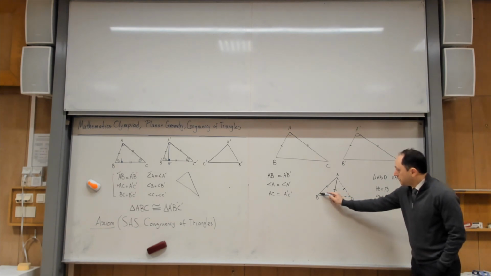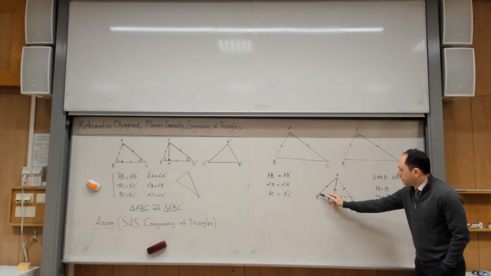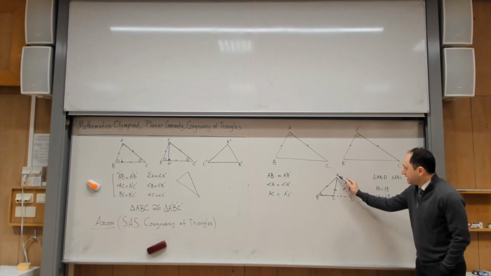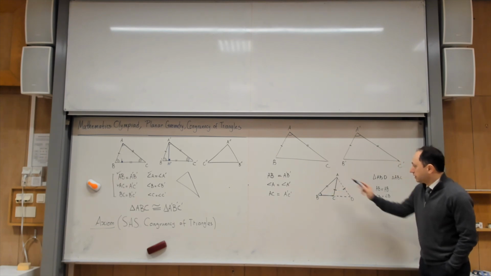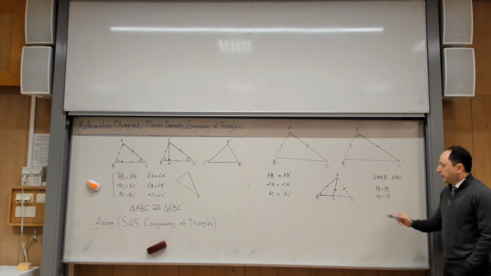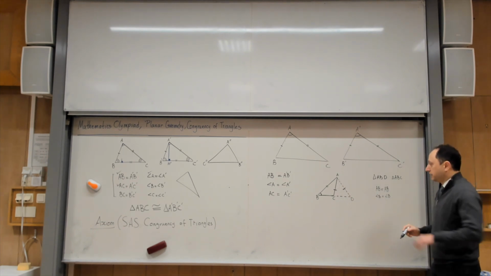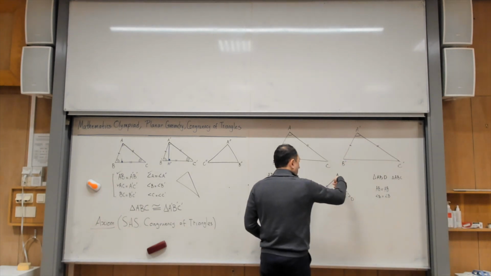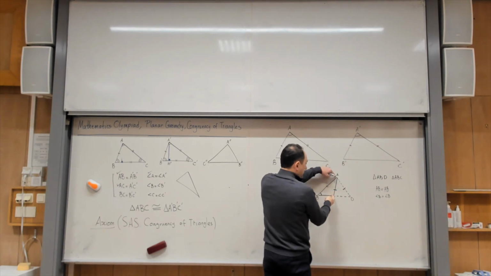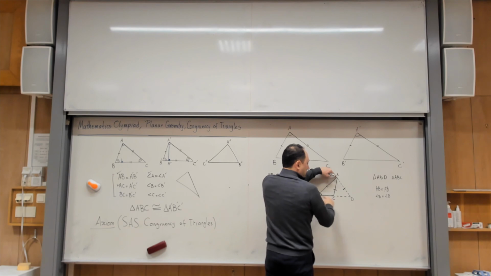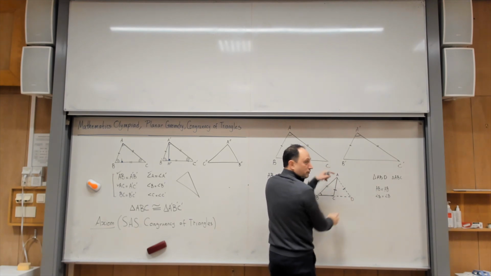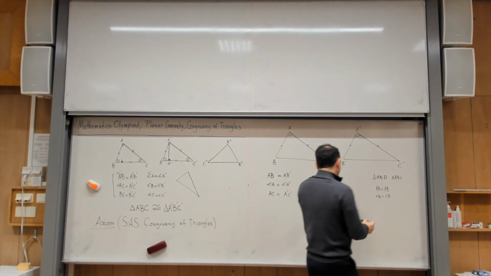Because this angle B is an angle of this smaller triangle as well as an angle of the bigger triangle. And I myself made this one equal to that one, which is possible, by the way. You can put the needle of the compass here and open it up and just draw some arc so that it will intersect the extension of that. So that's possible.